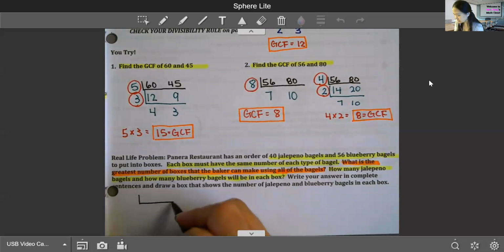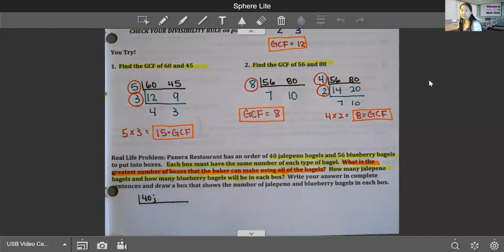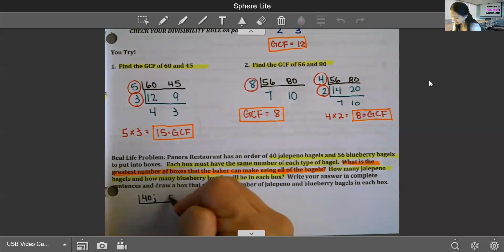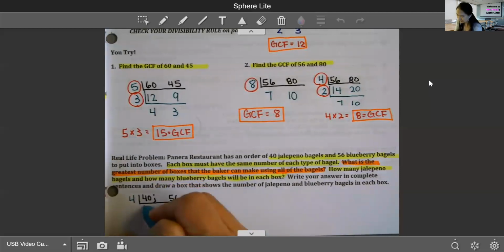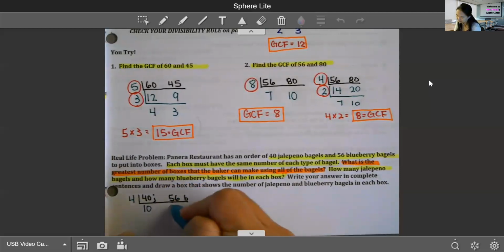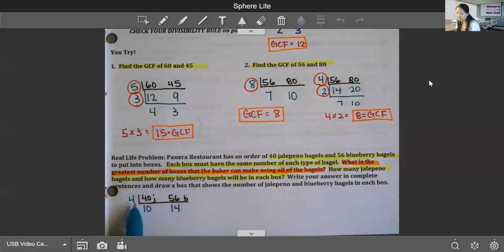Since it's a word problem, I'm going to put 40 J to represent that they're jalapeno bagels, and 56 B to show that those are blueberry bagels. That's just for me. I can already tell, but I'm going to divide by 4, going in 10 times and 14 times. 4 times 14 is 56. 10 and 14, is there a common factor?